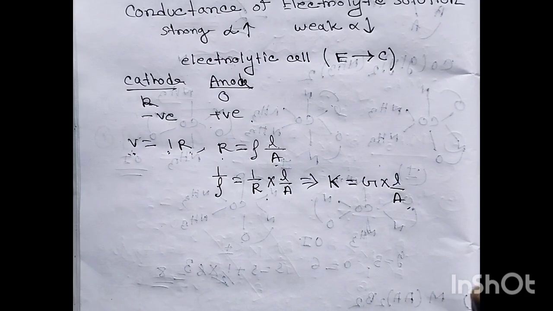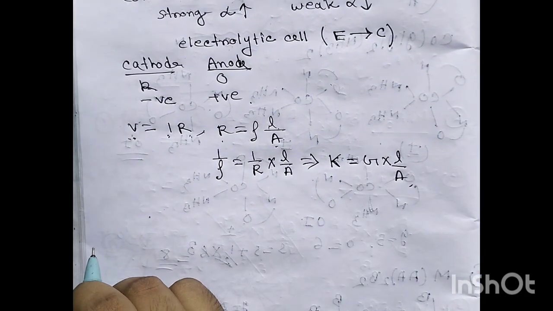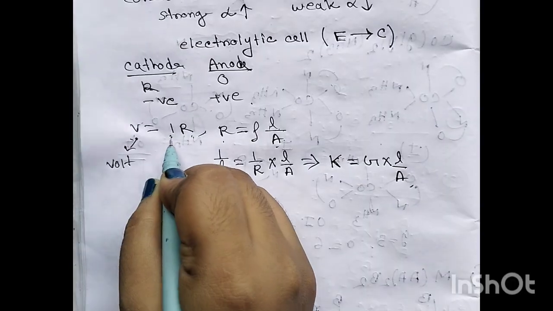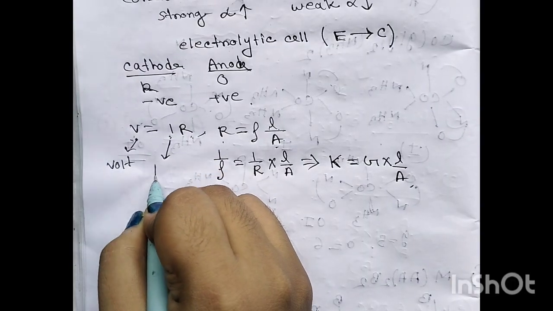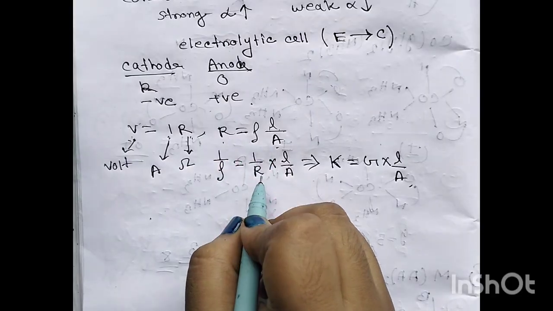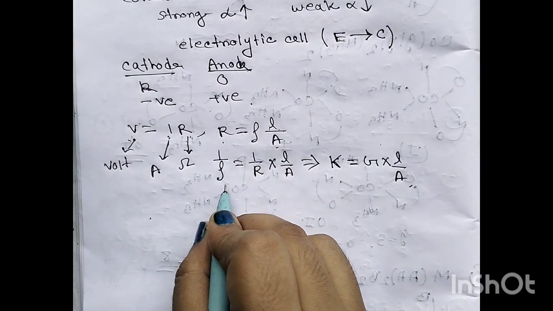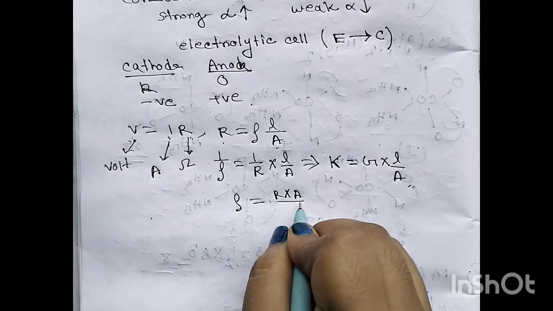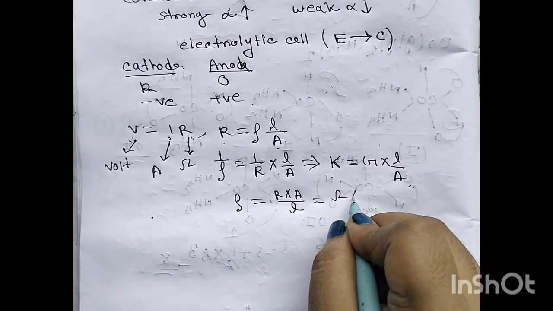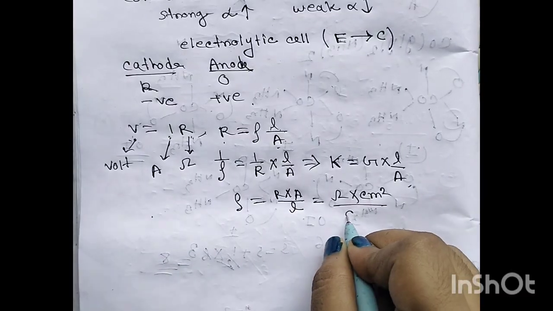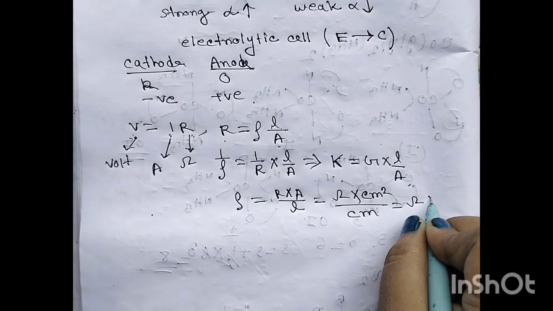Okay, now the unit of V is volt, I is ampere, and R is ohm. So R equals rho L by A, so rho equals R into A by L equals ohm into A, area in cm square, divided by cm, equals ohm cm.